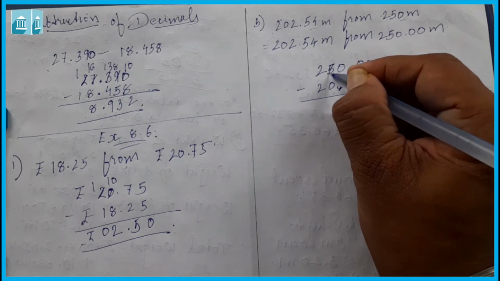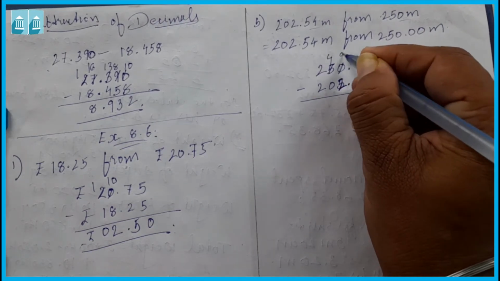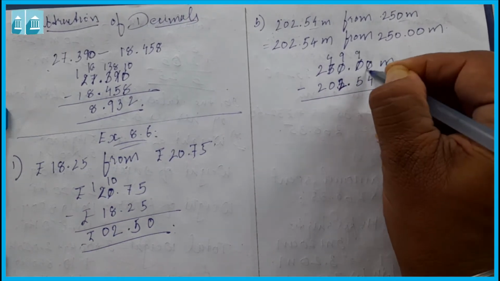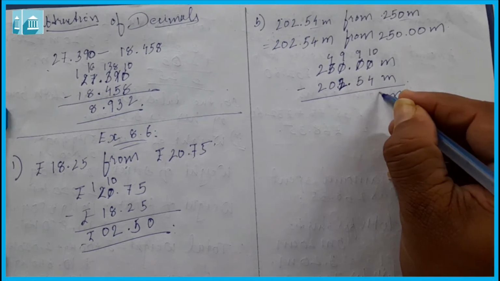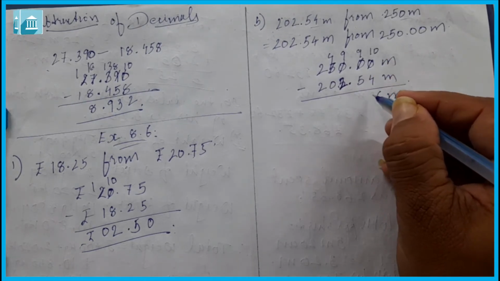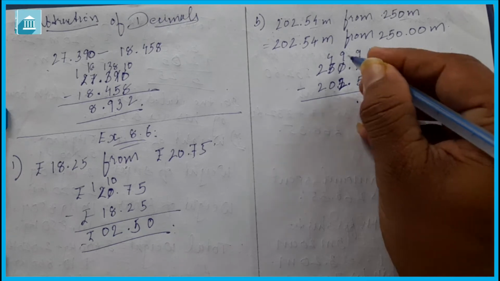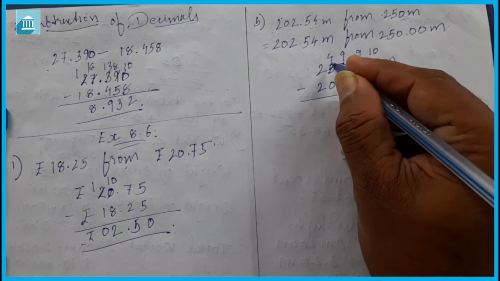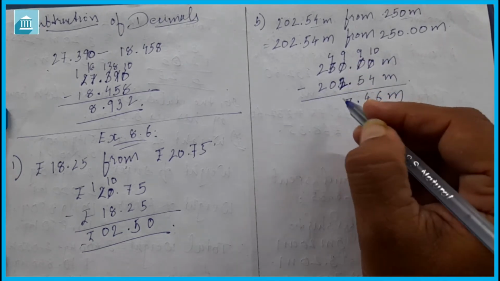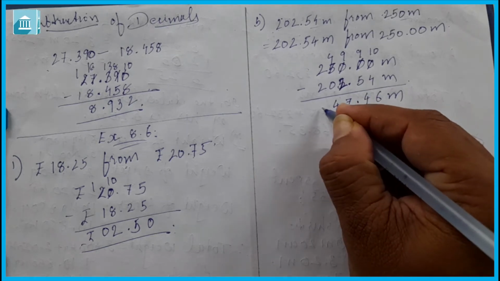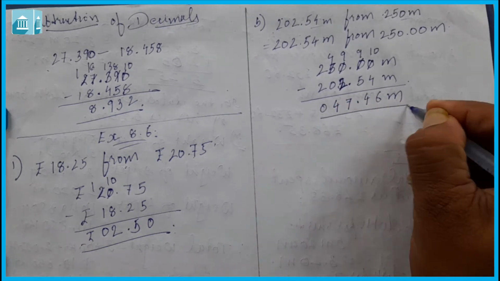Here also 0, here also 0. Here it will become 4, here it will be 9, here it will be 9, and here it is 10. 10 minus 4 is 6. 9 minus 5 is 4. 9 minus 2 is 7. 4 minus 0 is 4.